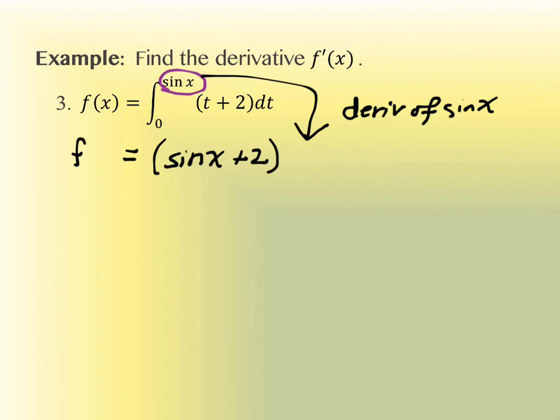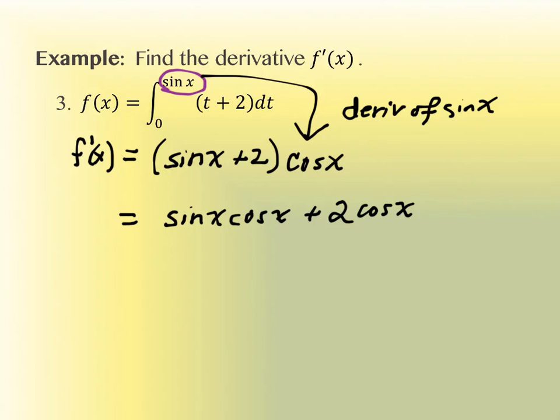So we're finding our derivative here, F prime of x. So what's the derivative of sine of x? That one's cosine of x. And we'll just take one step where we simplify, just distribute this through. So we have sine x times the cosine of x plus 2 cosine of x. So you multiply the integral.